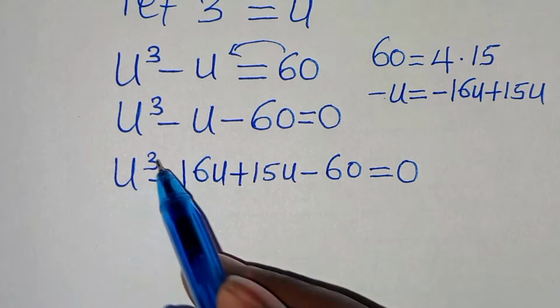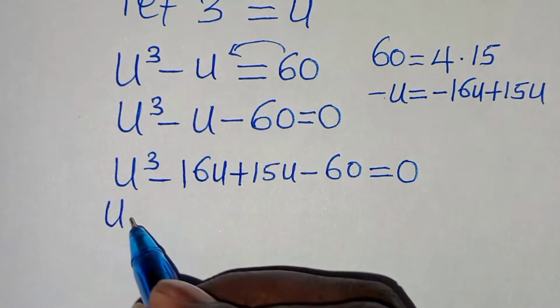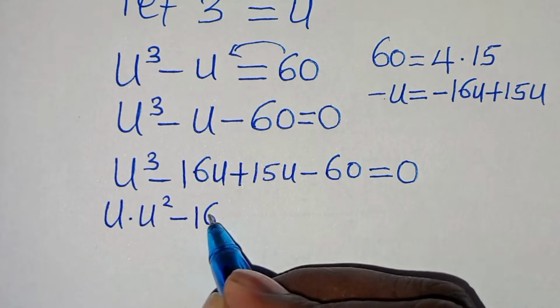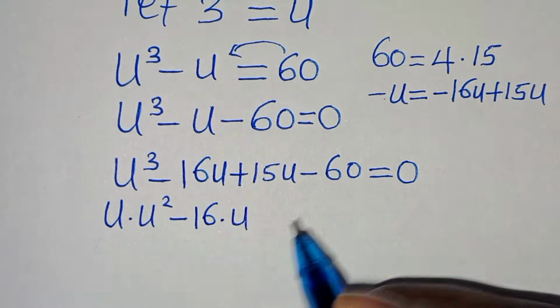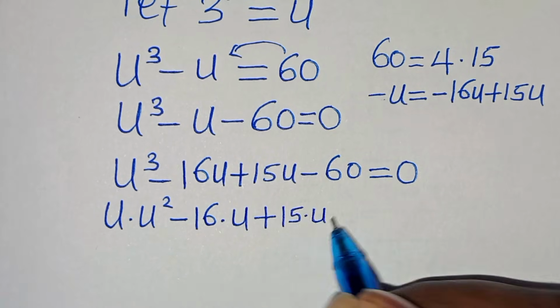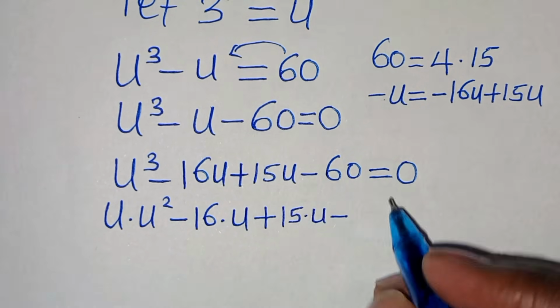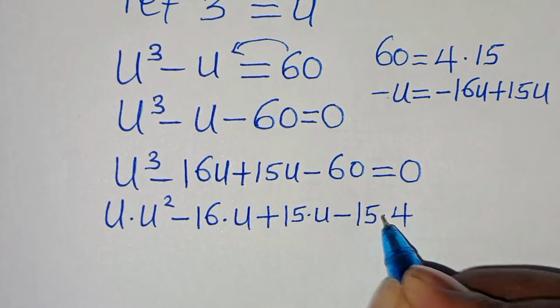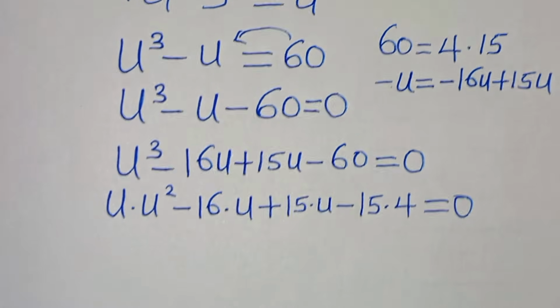Now we can express u to the power of 3 as u times u to the power of 2, subtract 16, multiplied by u, then plus 15, multiplied by u, then subtract 60. 60 is the same thing as 15, multiplied by 4. This is equal to 0.